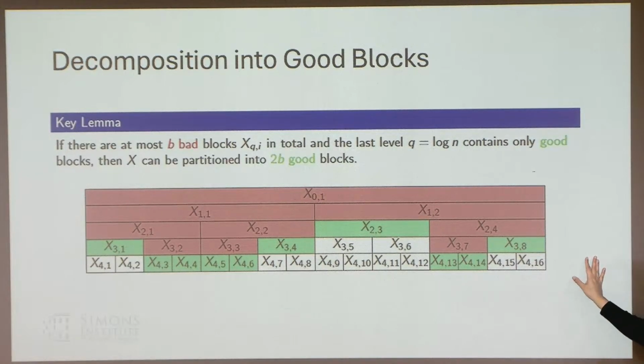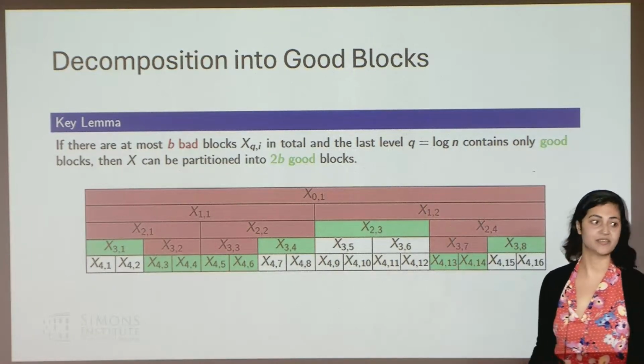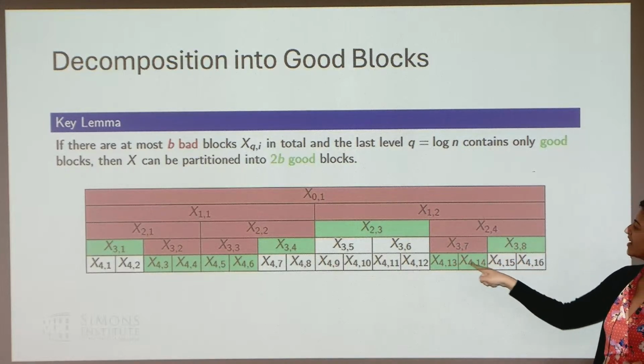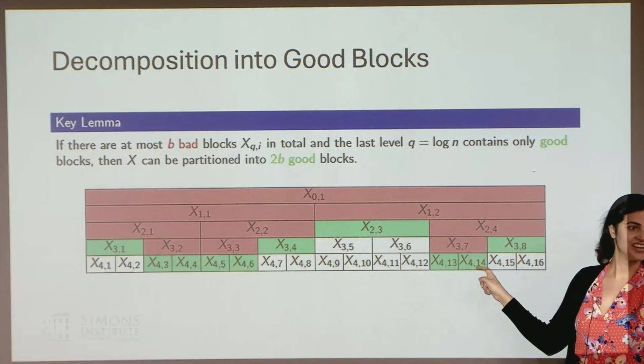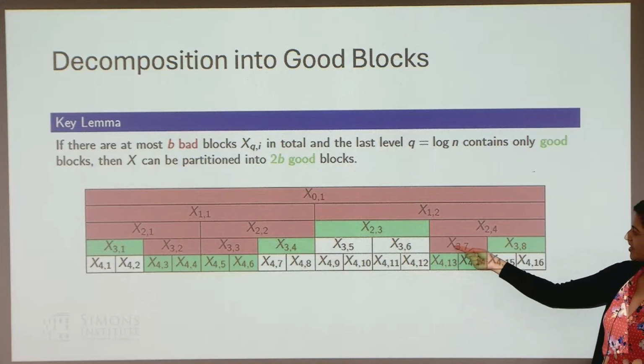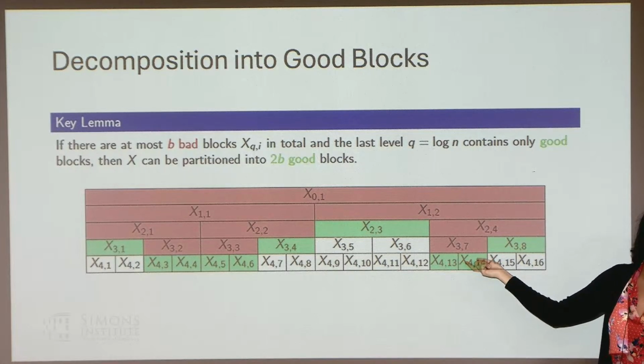What we know is that if your algorithm is returning yes, the number of such bad blocks across all the levels is at most k. Now, if you look at how many good blocks there are, there are at most 2k of them, because each red block can originate 2 good blocks, the way the decomposition happens.